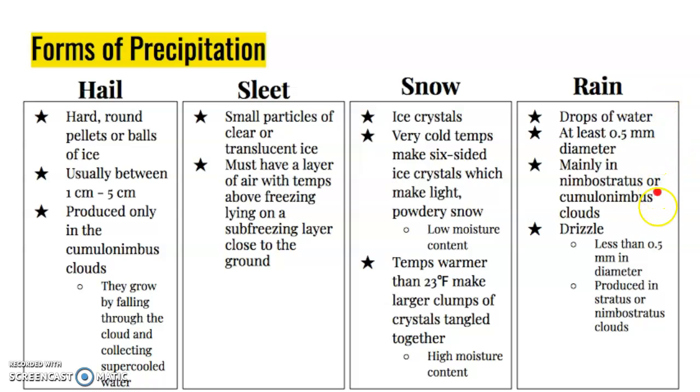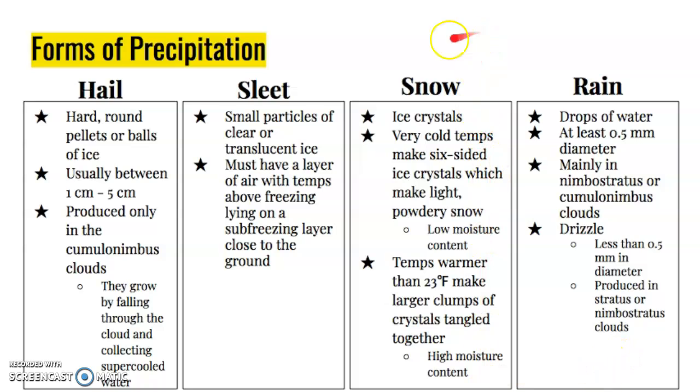At the other end of it, you can have the drizzle, and that is usually smaller than the 0.5 millimeters that raindrops are that we talk about up here. And it is produced in the stratus and nimbostratus clouds.